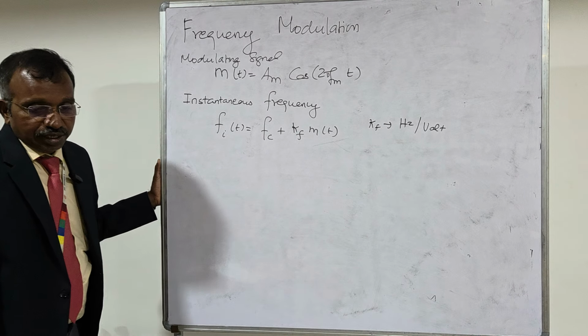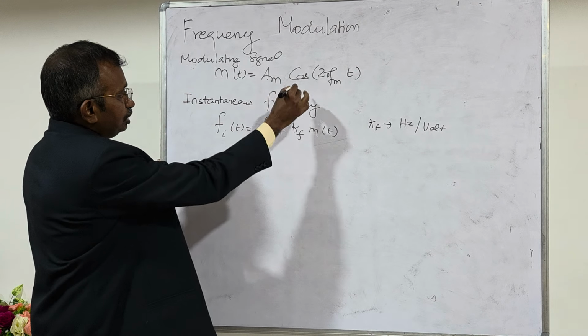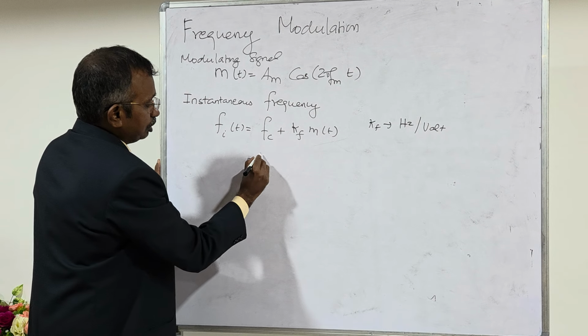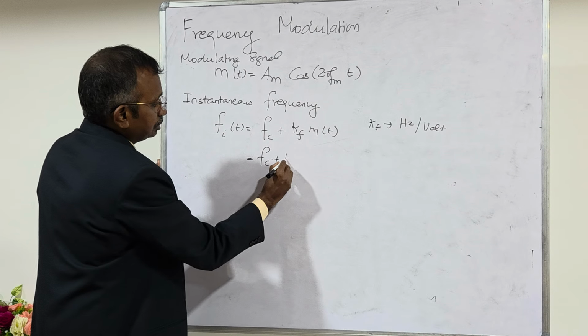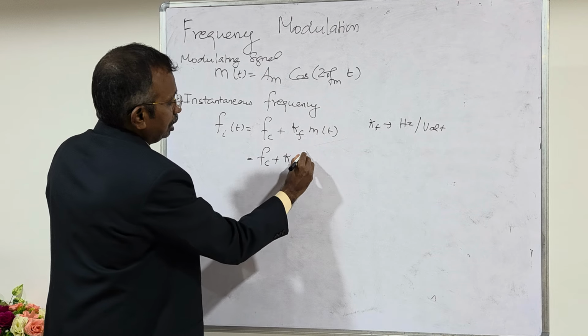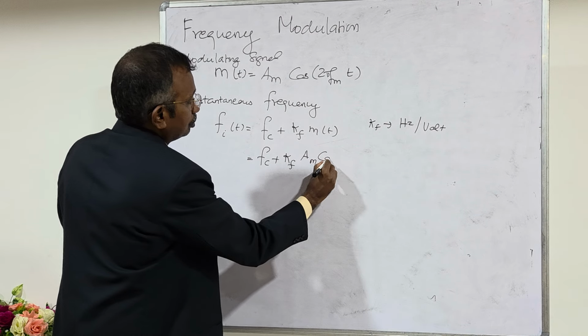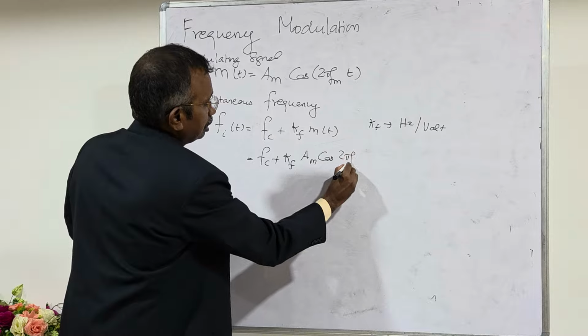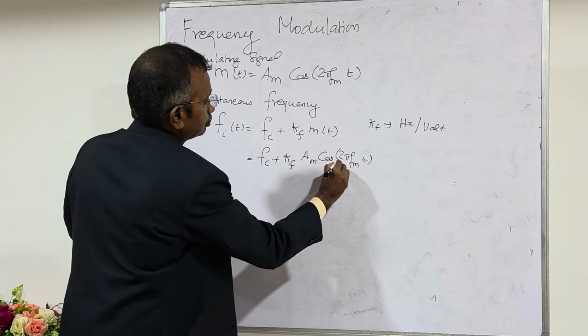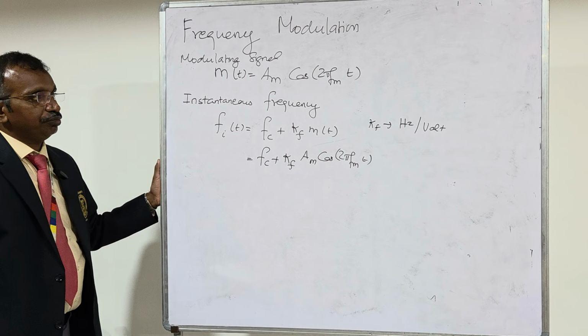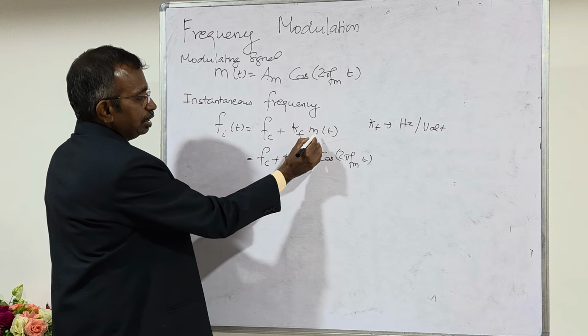Then I can substitute this m of t here. So this becomes Fc plus Kf into Am into cos 2 pi fm t. I am substituting m of t from this equation.